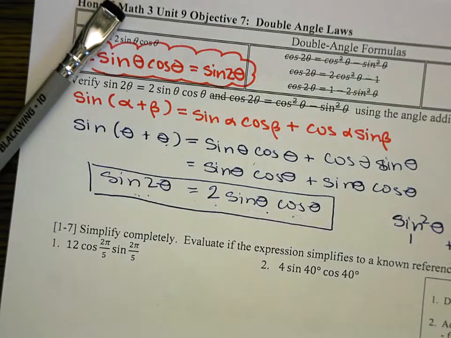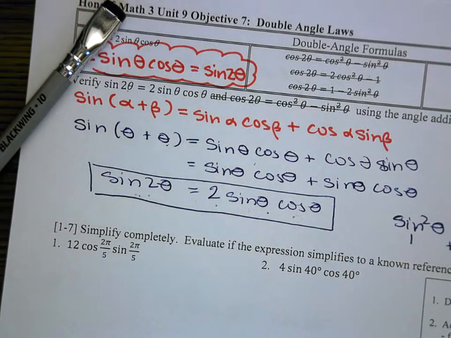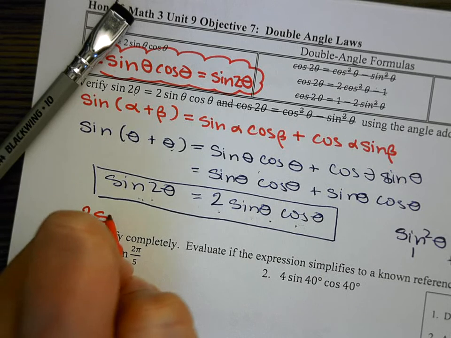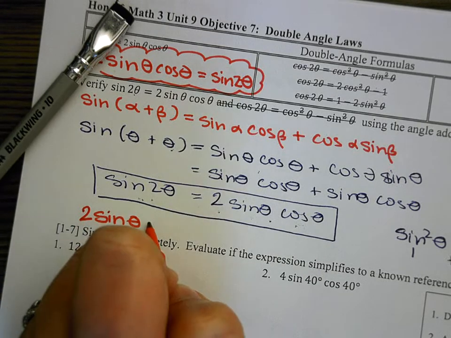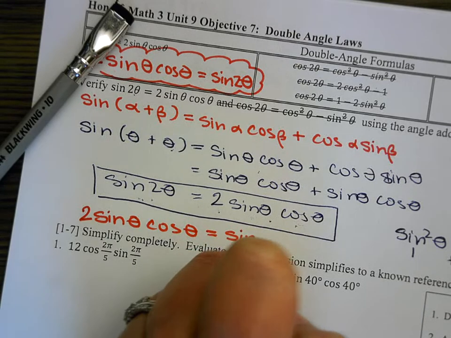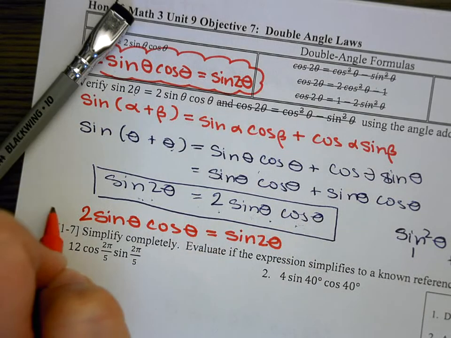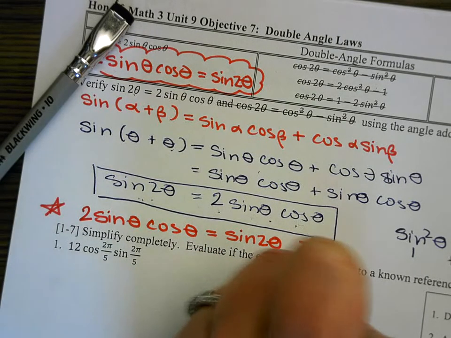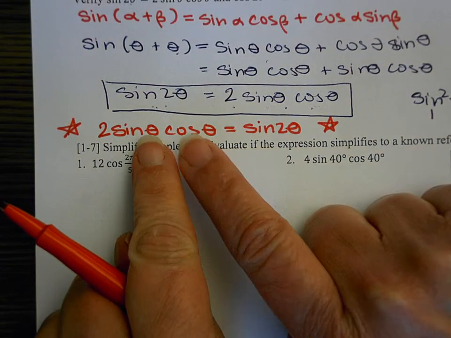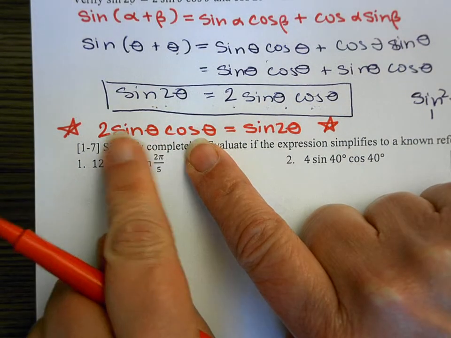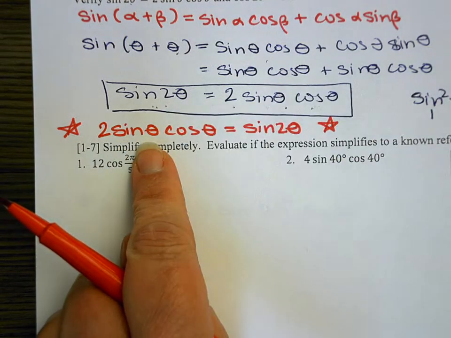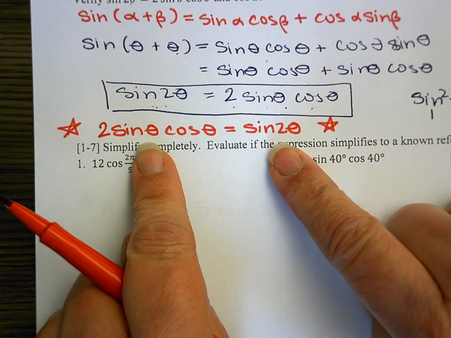But again, just as a reminder, I'm going to write this right up here, because I want to really look at it in this form, since that's the form I'm going to be using. So this is the one I really want to make sure I understand. If I have the product of sine and cosine with the same angle, and a coefficient of 2, I can completely get rid of it and rewrite it as sine of double the angle.